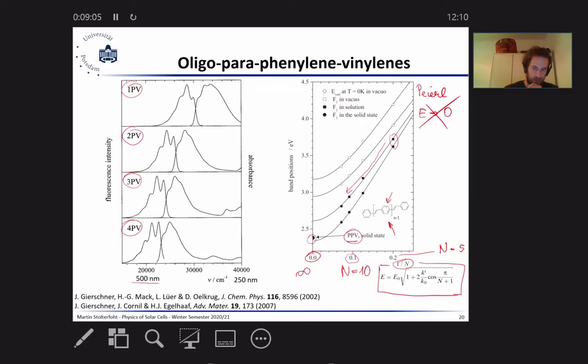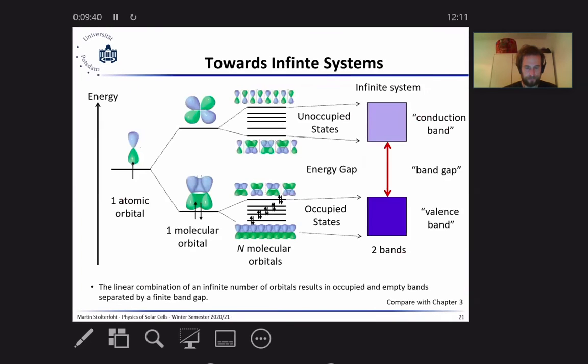The absorption will be here, and the emission is kind of mirrored, which has lots of reasons. Not sure if we should go into this today. There is a relation between the absorption and the emission, as you know, and this depends a lot on the molecule and on the environment.